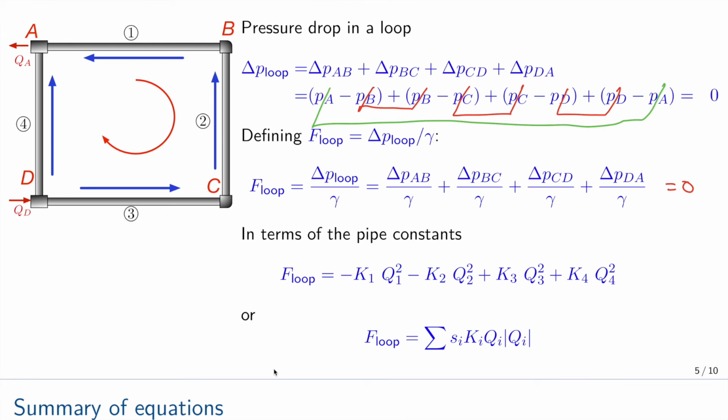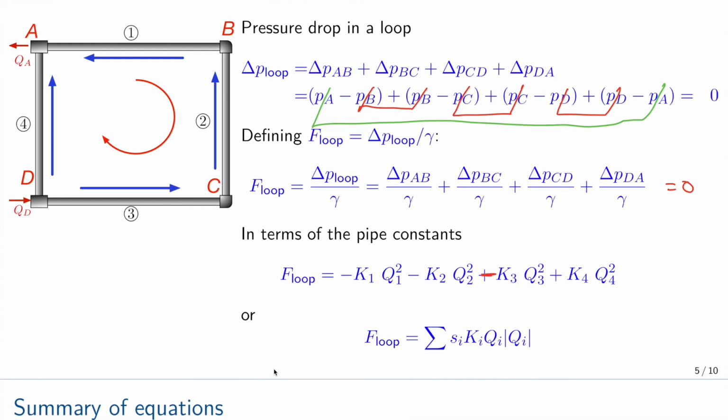The next one, we keep going down, but the direction of the flow is up. So delta P from B to C is minus K2 multiplied by Q2 squared. Now, in this case, it continues going in the opposite direction, so it should be negative. I should have written this negative here.